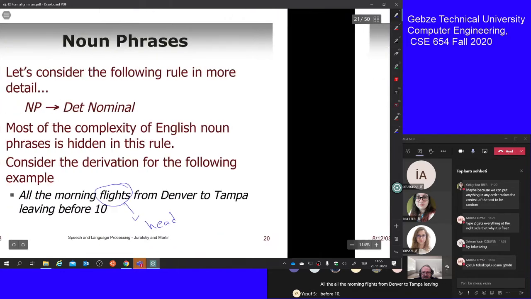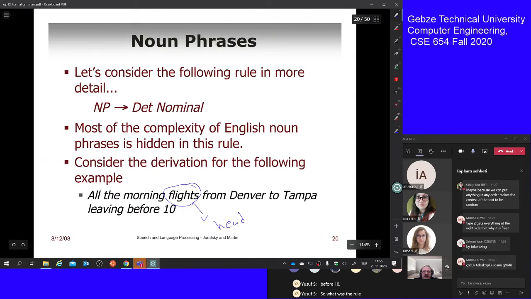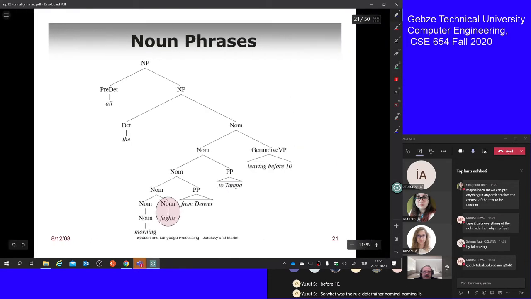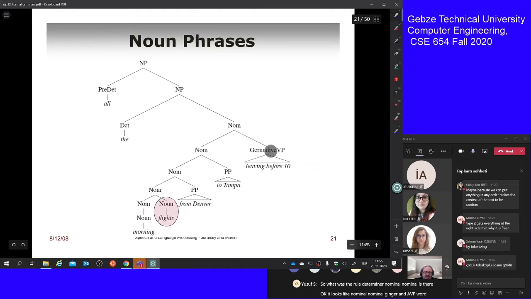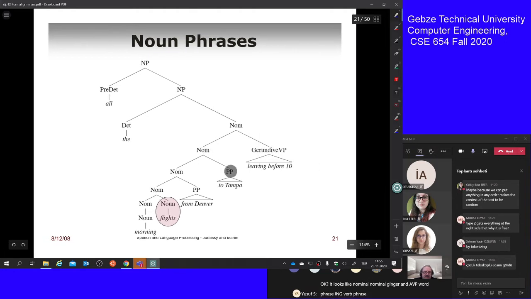So what was the rule? Determiner and nominal. Nominal, it looks like, is nominal gerundive VP, verb phrase, ing verb phrase, nominal prepositional phrase, nominal prepositional phrase, nominal noun, and noun.